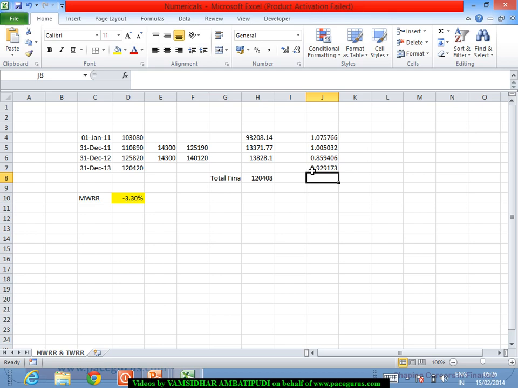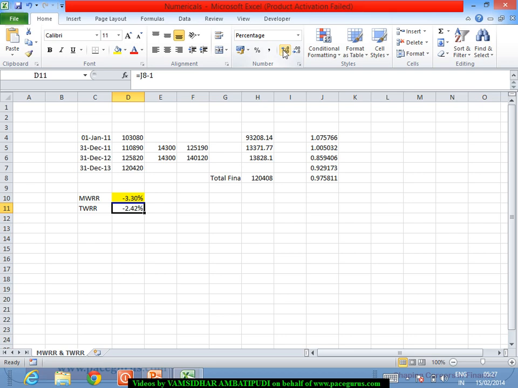So if I want 1 plus I, I take the cube root of this. So this comes out to be 1 plus I, and from here I can very well take this number minus 1, giving me minus 2.4% only.